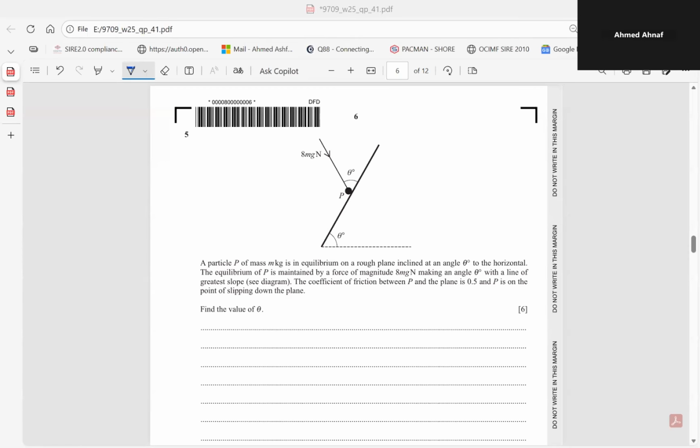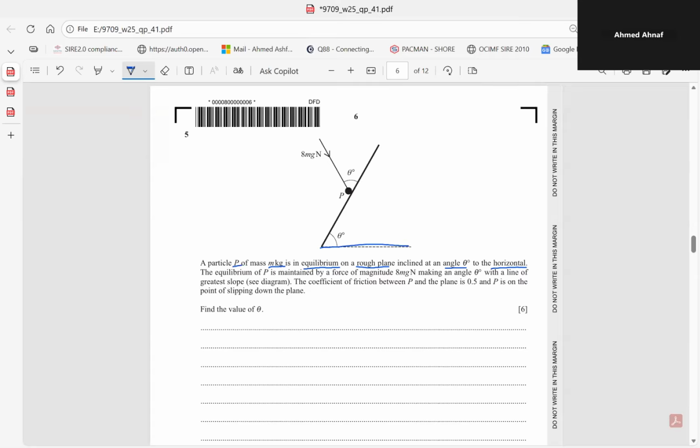Okay, so for this question, we're told that a particle P of mass m kg is in equilibrium on a rough plane inclined at an angle theta to the horizontal. Yes, so it's given in the diagram here.